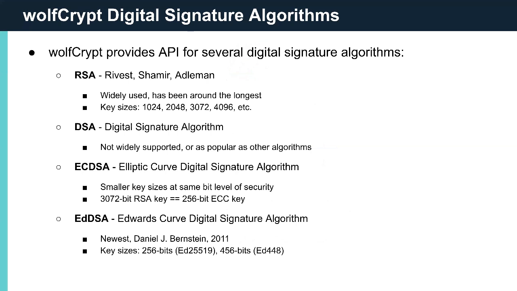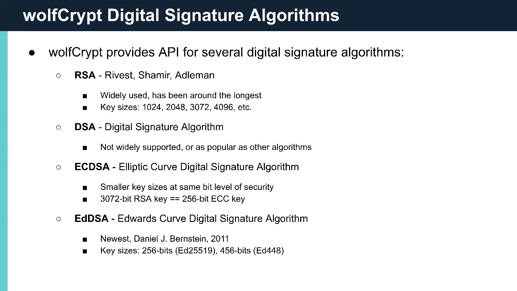We've covered RSA, which stands for Rivest Shamir Adleman, and has been around for the longest. Key sizes are 1024, 2048, 3072, and upwards. We don't see a lot of key sizes higher than 4096 being used yet. There's been a couple higher than that, but not many that I've seen.